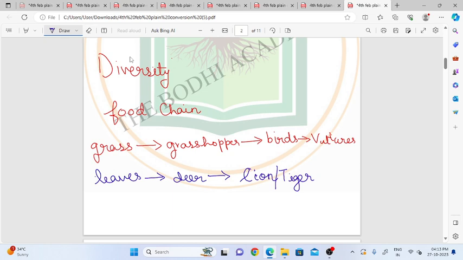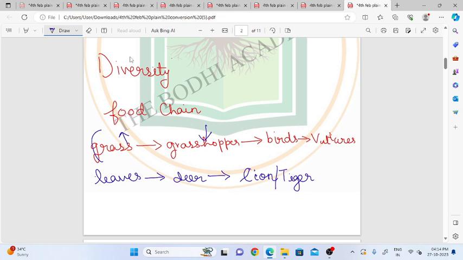Why? Because just imagine if grasshopper is not there in this particular food chain. Then there will be greenery all around us, and there will be nobody to feed on it. Since nobody will eat these grasses, there will be a decrease in the population of the consumers and an increase in the population of this particular species.